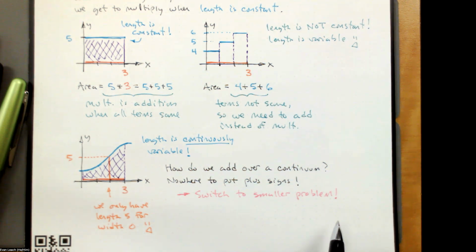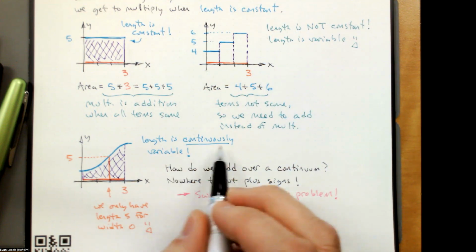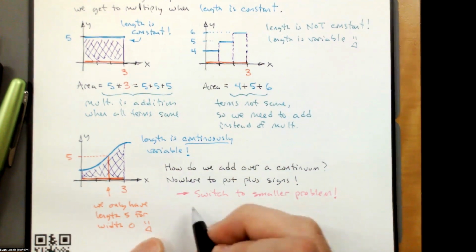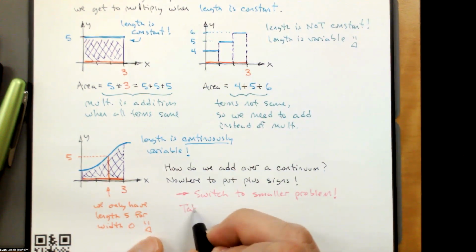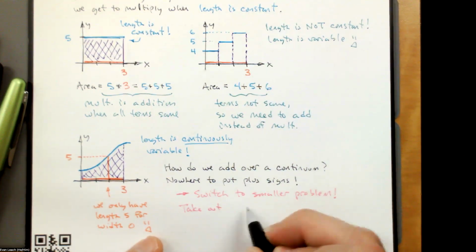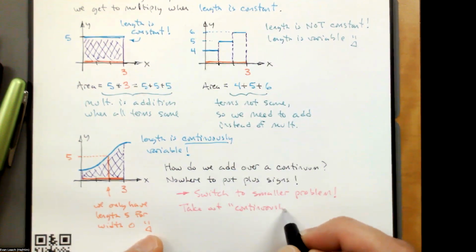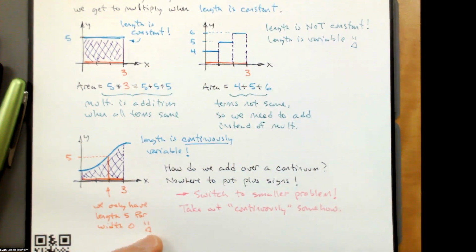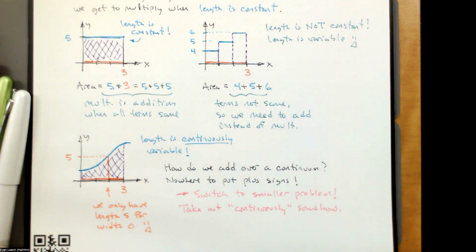So we're going to switch to a smaller problem. We're going to deal with the continuously variable problem by taking out the continuously parts. We're going to come up with a method that takes out the continuously parts.